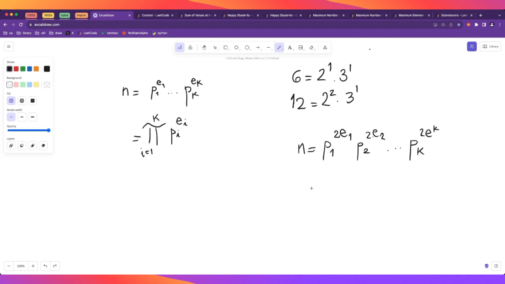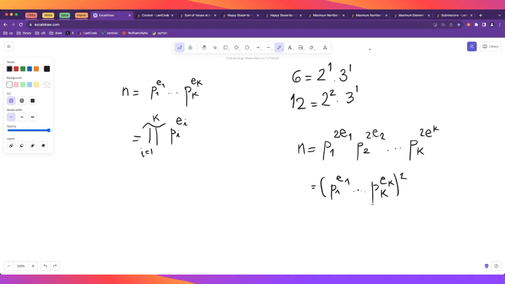So that means that you can write it this way if you follow the rules of exponents.